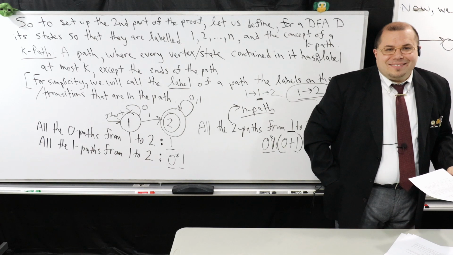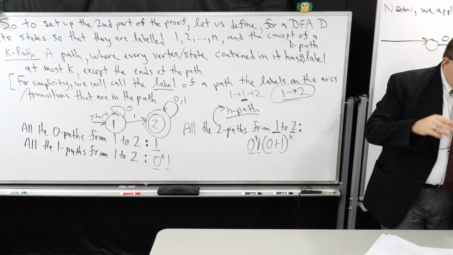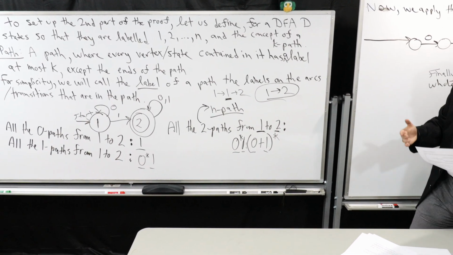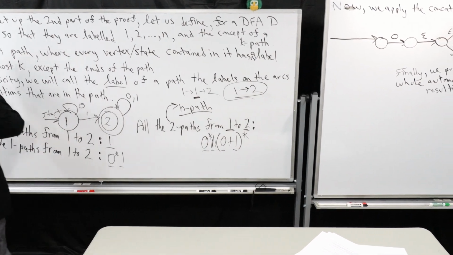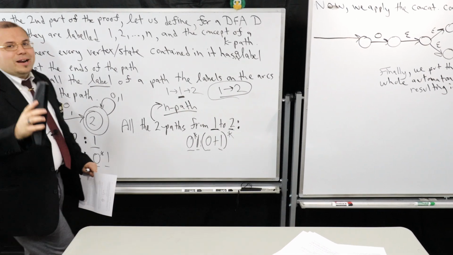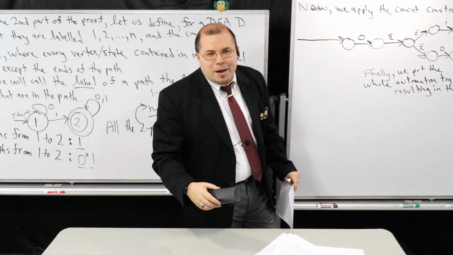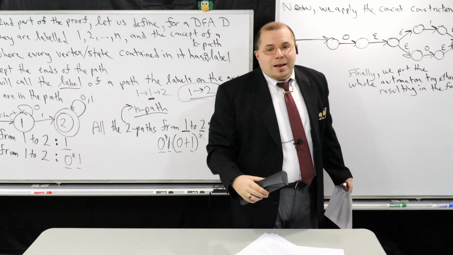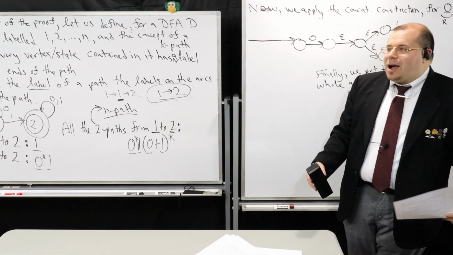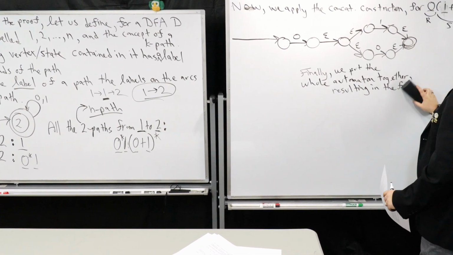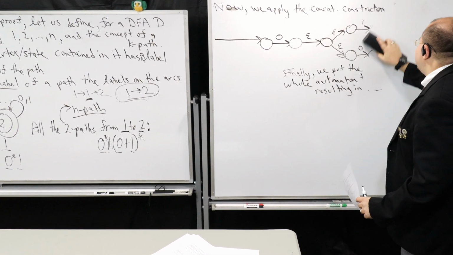Perfect. I think we got the general gist of the idea. So what I'm going to do is use induction to build broader and broader k paths. I'm going to start at k equal to 0, a 0 path like I did, and build broader and broader k paths until I get to k equal to n.